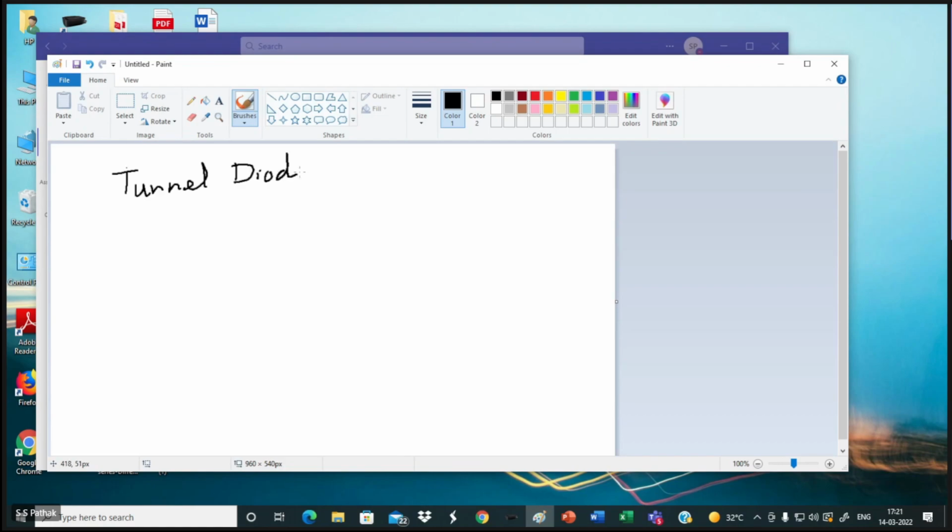Tunnel diode is something different from a Zener diode and from an ordinary diode. Its characteristic comes like that. This is my V, this is my I. If I change my V, my current I increases like this. It is a voltage operated device. So here voltage is changing, current is changing. After that, it starts falling.